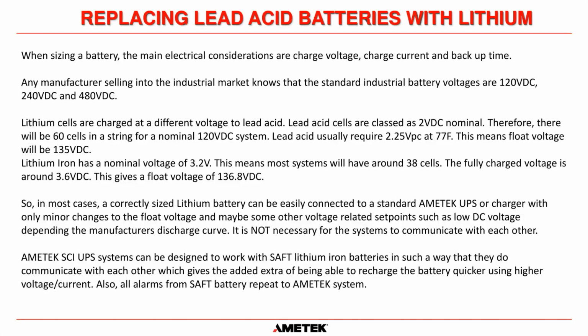So in most cases, a correctly sized lithium battery can be easily connected to a standard AMETEK UPS or charger with only minor changes to the float voltage and maybe some other voltage related set points such as low DC, DC disconnect, and you would have to go to the manufacturer's discharge curve to get a better idea of where those set points should be.